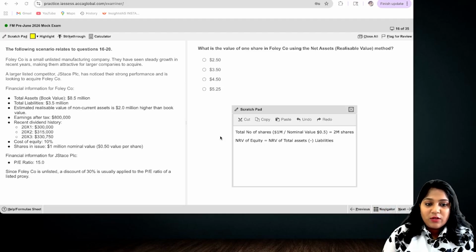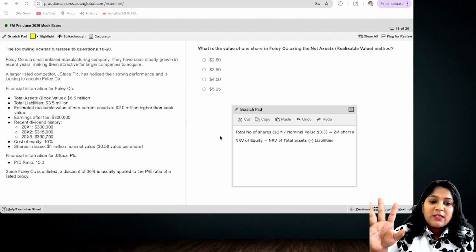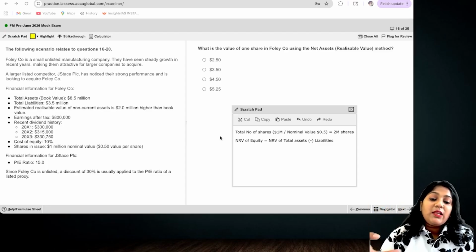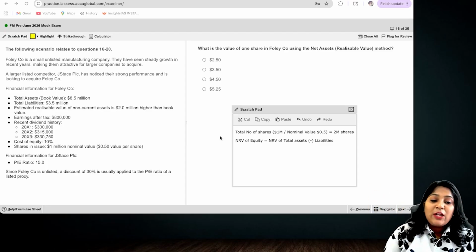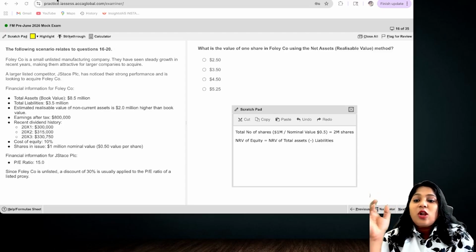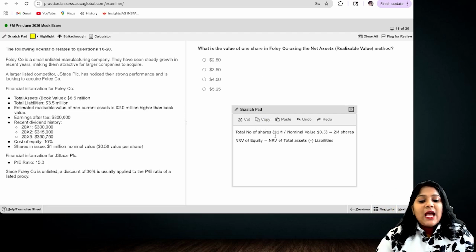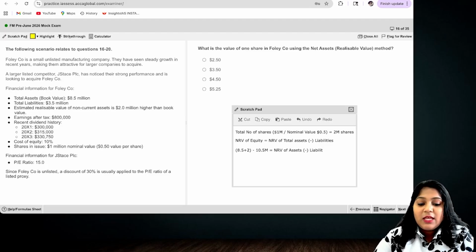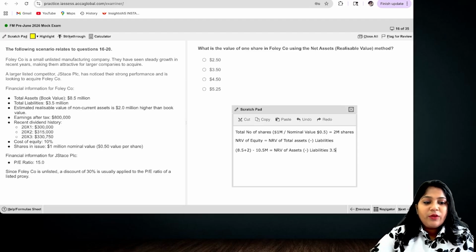Do I consider only the 8.5 million, or do I also add 2 million? The total value of the assets is not limited to 8.5 million; it is 8.5 plus 2 million. Overall, 10.5 million is the NRV of assets, and this will be reduced by the liabilities. The liabilities have a value of 3.5 million.